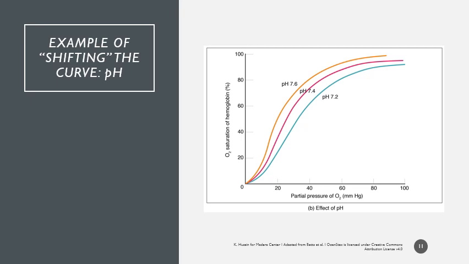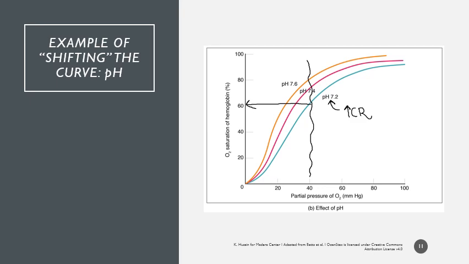So thinking about shifting the curve, if you look at this graph, it's showing the effect of pH and how that whole dissociation curve physically shifts in different pH environments. So for the same partial pressure of oxygen, let's say about 40, if you're at these lower pHs, which represent more cellular respiration, for the exact same partial pressure, there's going to be less of these hemoglobin molecules that are fully saturated with oxygen.